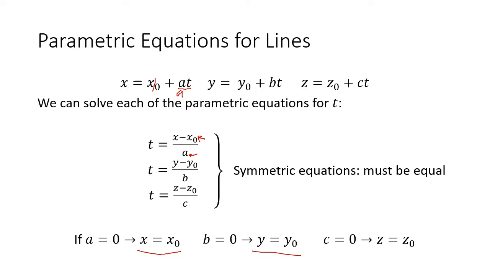And again, that should kind of make sense because if, for example, b equals 0, well, if I made b equals 0, that's gone away. What's left? Oh, just y equals y naught, and so on. So again, we do have to account for that particular occurrence.